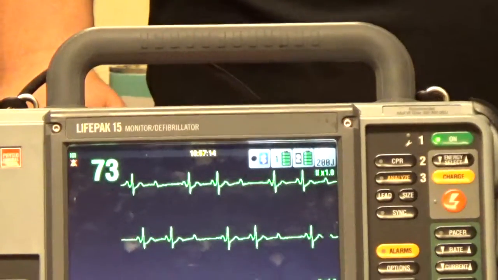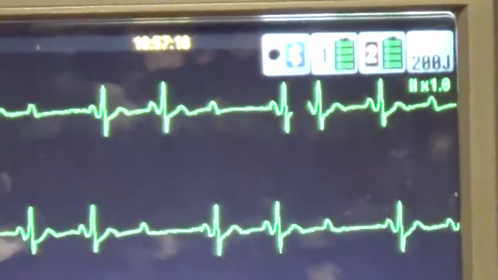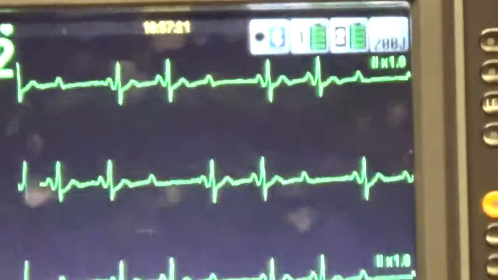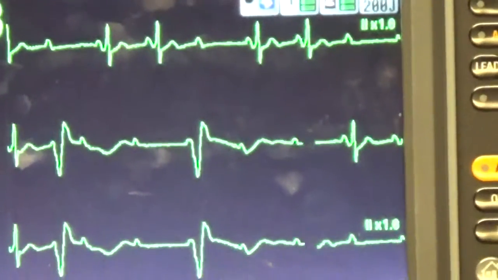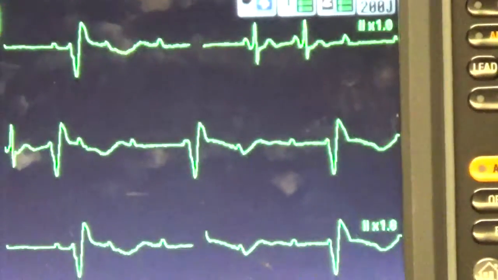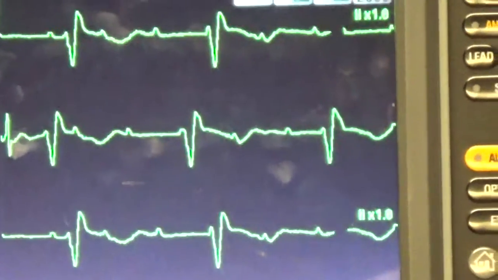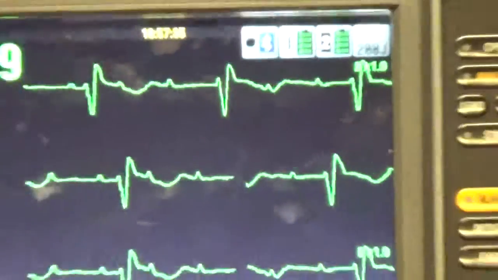And the last one, a third degree, or AKA complete heart block. Whenever you hear the term complete heart block, you should automatically start registering in your mind, I have a complete block between the SA and AV.